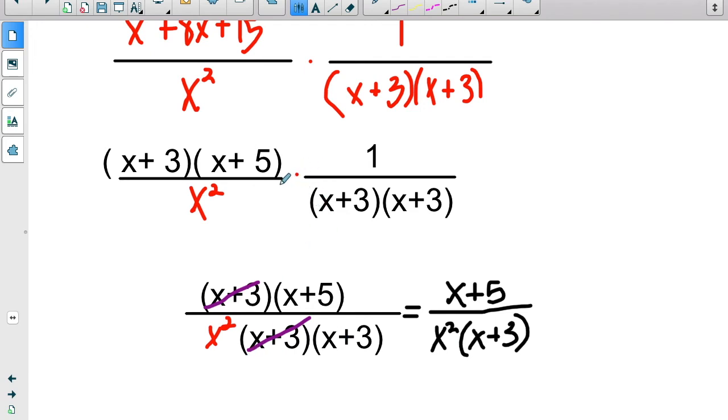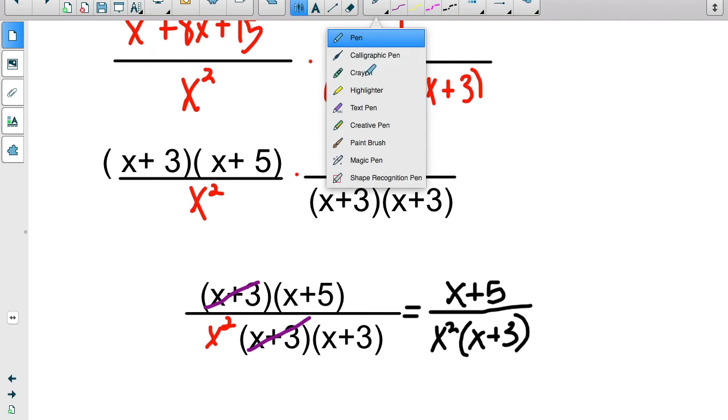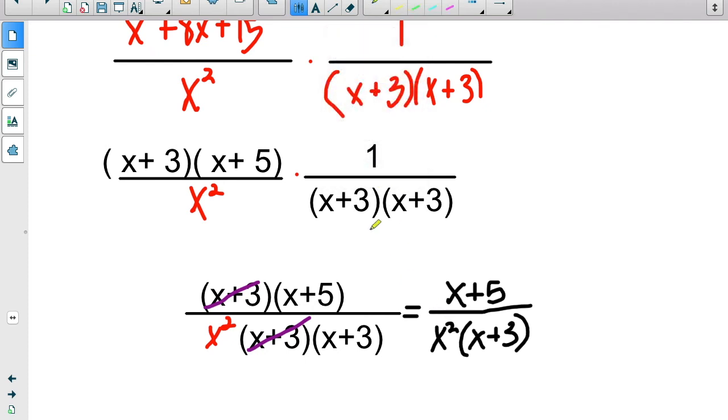So when we look at this here, as I said, because that's our final answer, we just need to look for our restrictions. So our restrictions are going to come in one of these 3 spots. And we look back here, so x squared is still in the denominator, so we don't have it as a restriction.